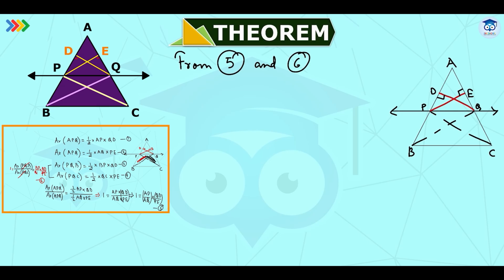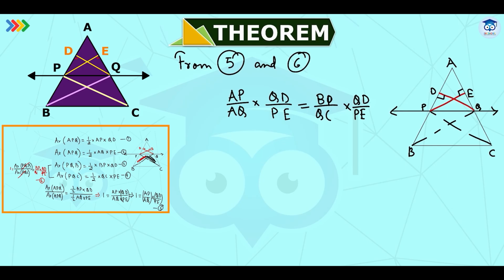So now we have AP upon AQ into this QD upon PE, which is equal to BP upon QC multiplied by QD upon PE.